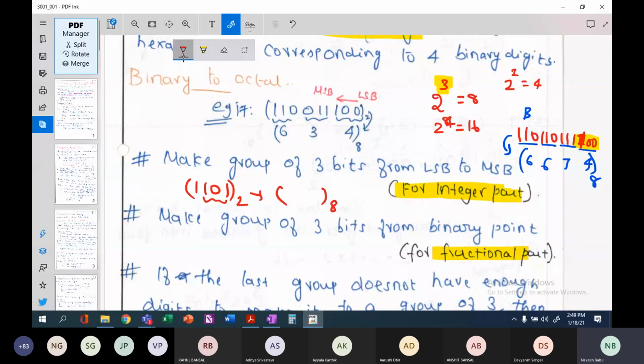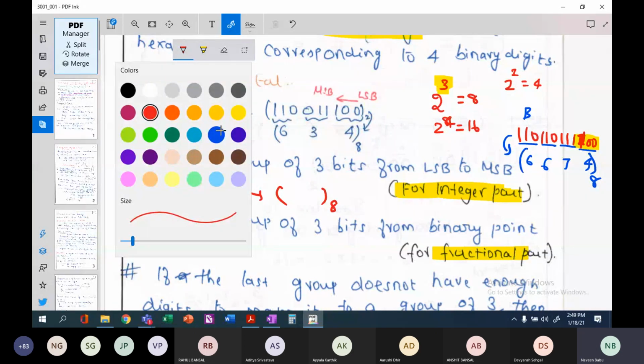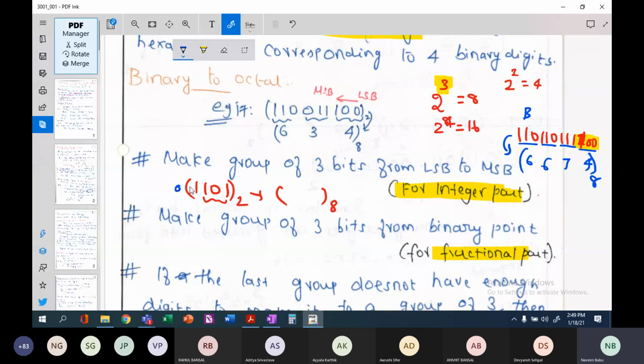In that case, I must always append the required number of zeros to this number, so this can be grouped into 3. So what will be the converted value? 001 is 1, 101 is 5. So this is the converted octal value.